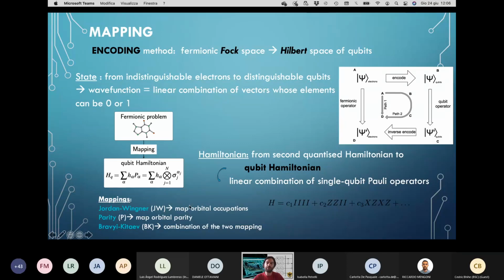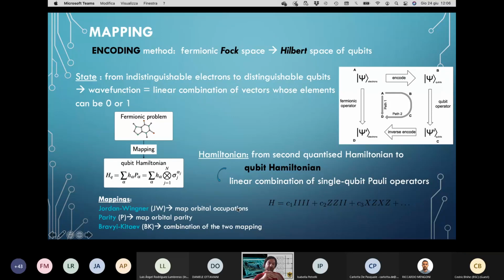Basically, you can describe your state as a sum of determinants, and this sum of determinants is actually translated into a sum of orbital occupations.